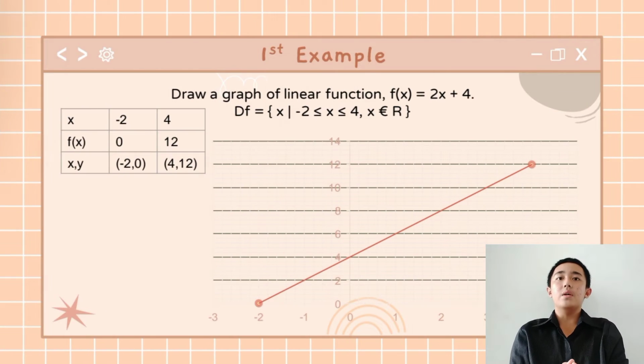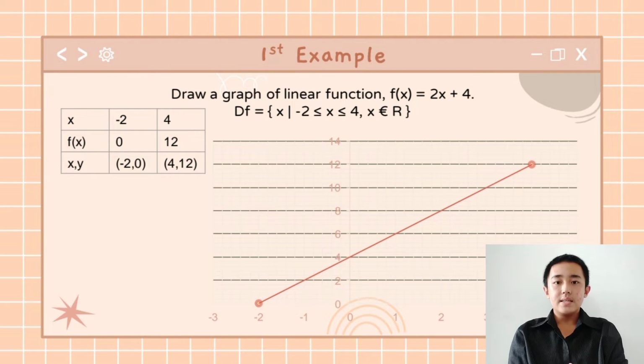The next example is example number 1, part B. Now there is a difference between integers and real numbers. With the same question, we need to make the graph, but for real numbers. The format is the same and how we do it is also the same.